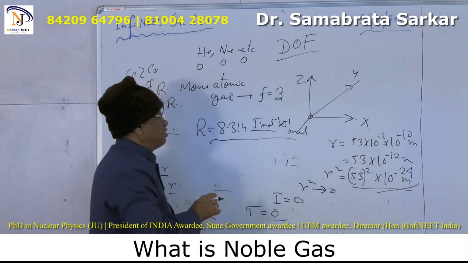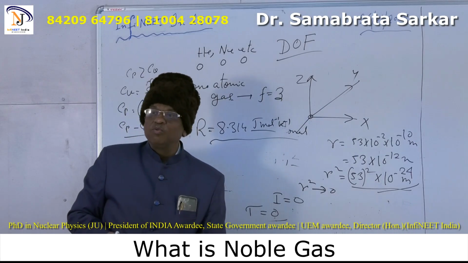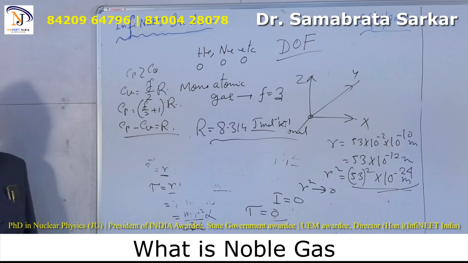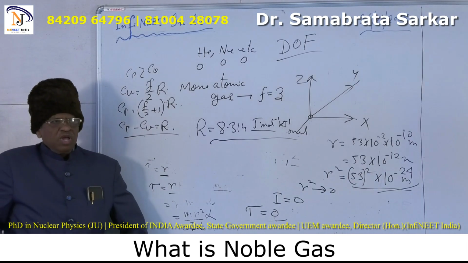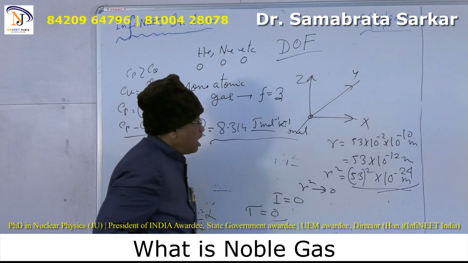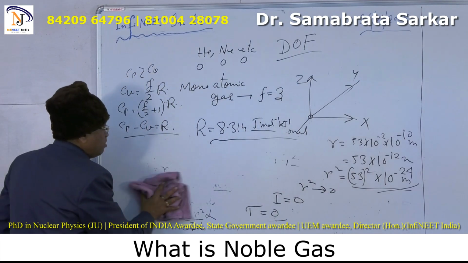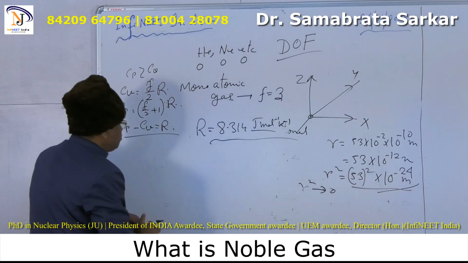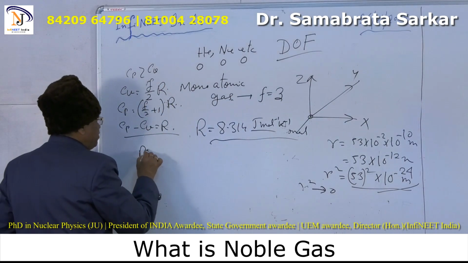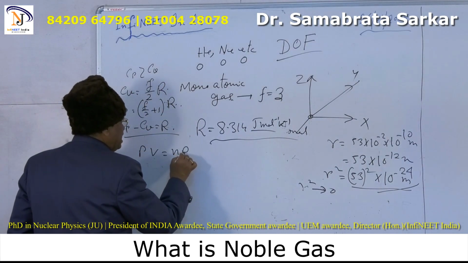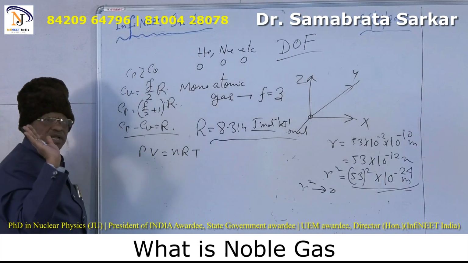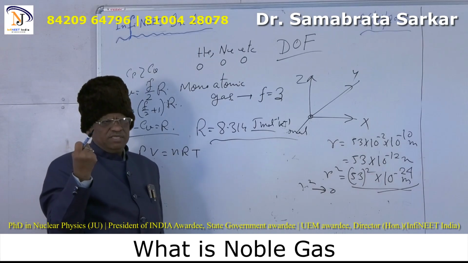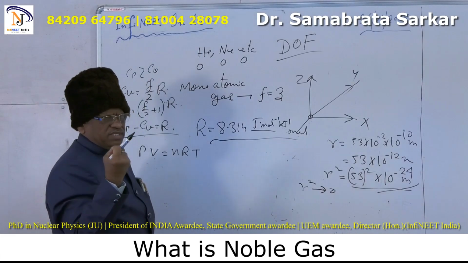Why is it mole to the power minus 1? From where have you got this? I will tell you how you can derive the result. You see here, PV equals nRT. Everything is very easy if you try to understand.